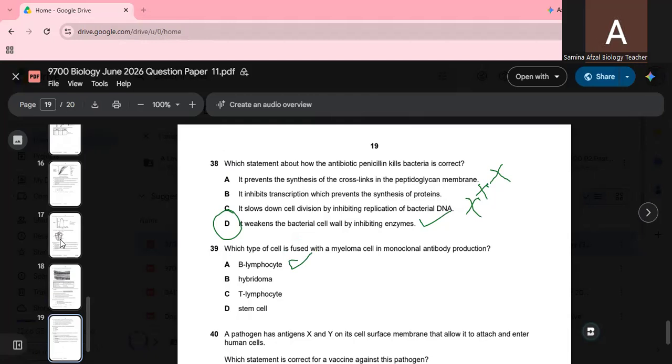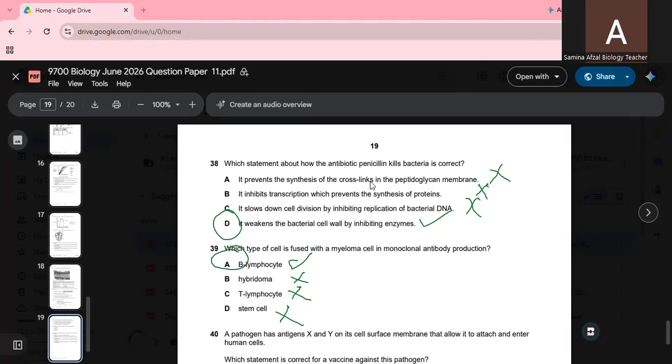Because in monoclonal antibody production, plasma cells or antibody producing B lymphocytes from an immunized mammal are fused with cancer myeloma cells to form a hybridoma. Hybridoma formation takes place after that, so T lymphocytes do not play this role, and stem cells as well. So only A is the correct option.